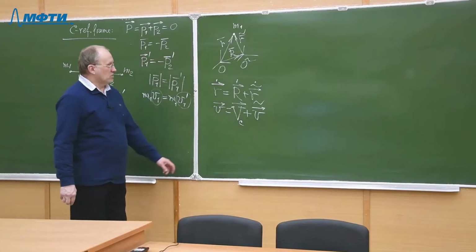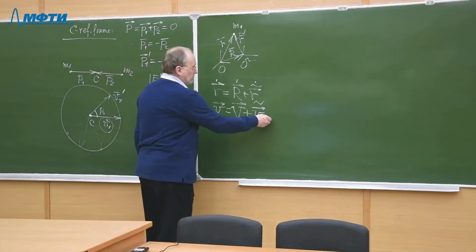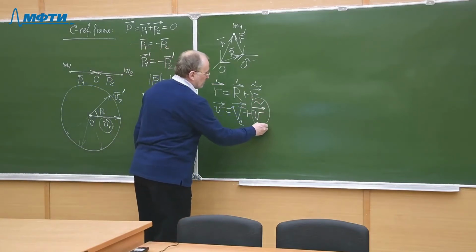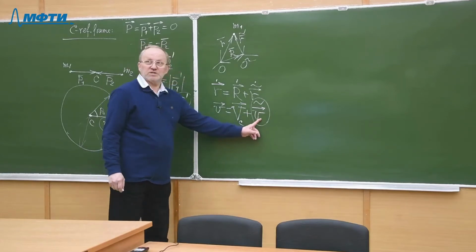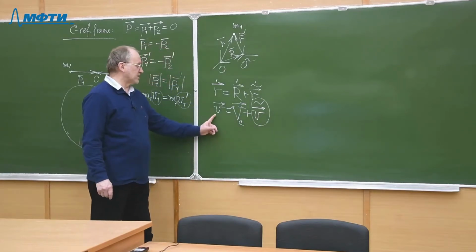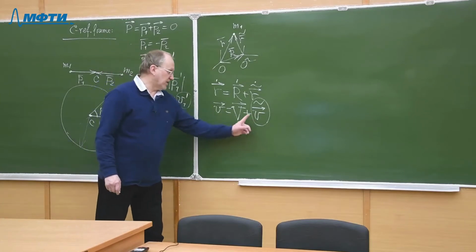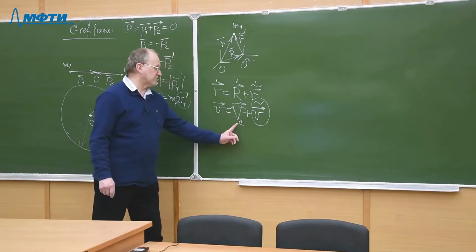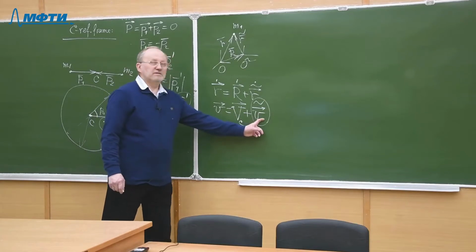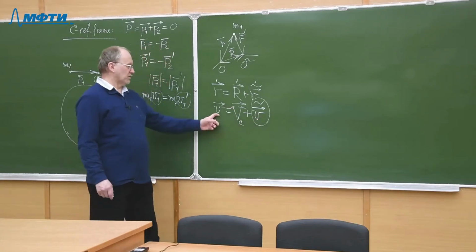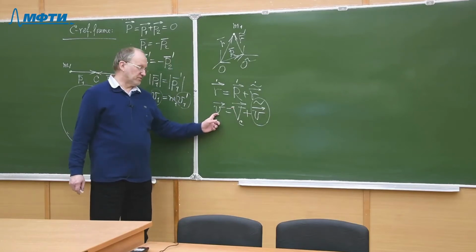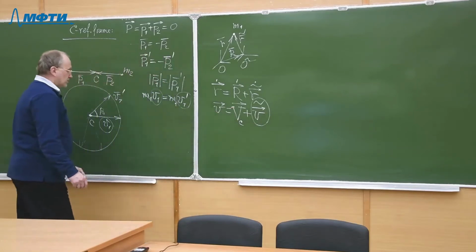And so we understand that if we know the velocity of a particle in the second reference frame, and we want to know the velocity of the same particle in the first reference frame, then we have just to add the velocity of the center of mass to this velocity in the second reference frame, and then we will obtain the velocity in another reference frame. Very simple formula.